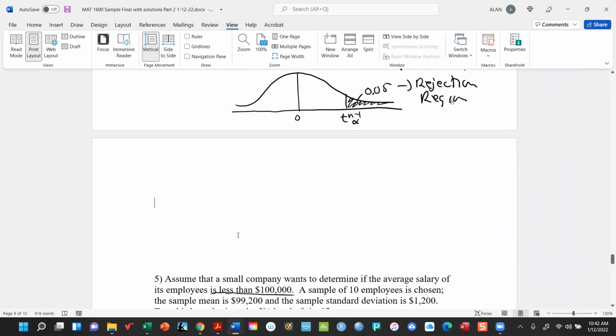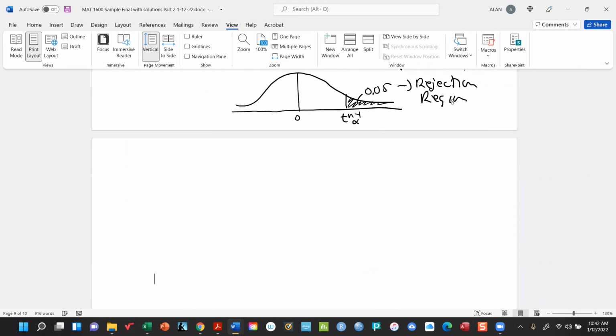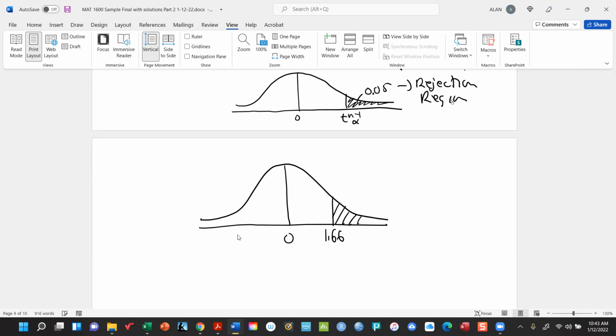So what actually just happened here is this. The critical value is 1.66. This shaded region is our rejection region.